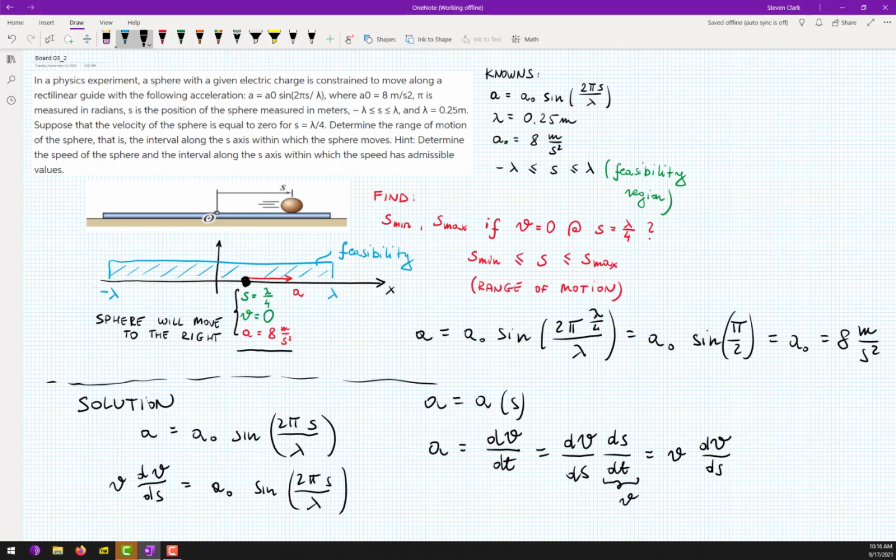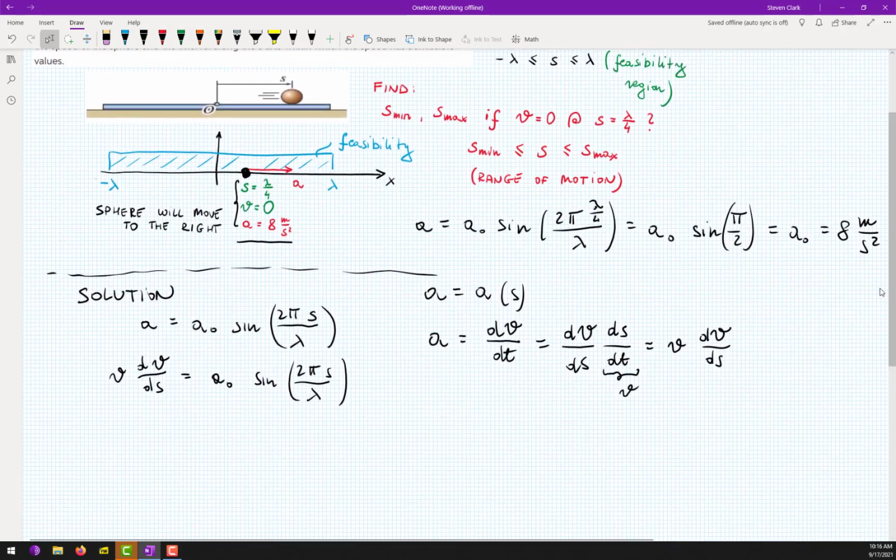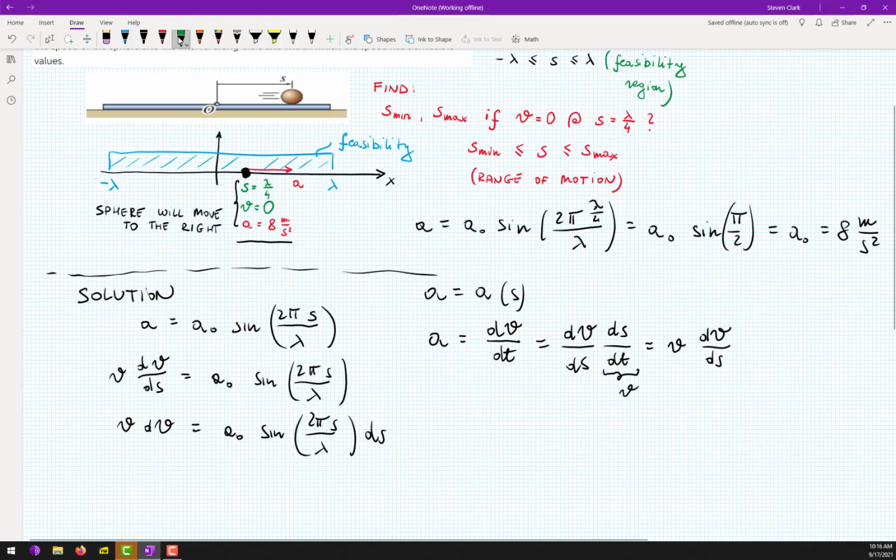Okay, and now again, as last time, everything with s on one side, everything with v on the other side. And let's integrate. I believe they told us that our velocity is 0 at the beginning, and our position is lambda divided by 4, and we will end up with some velocity at some position.